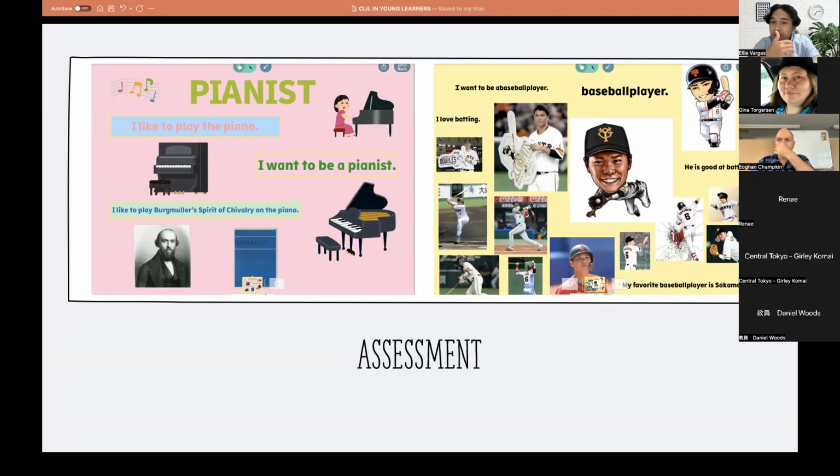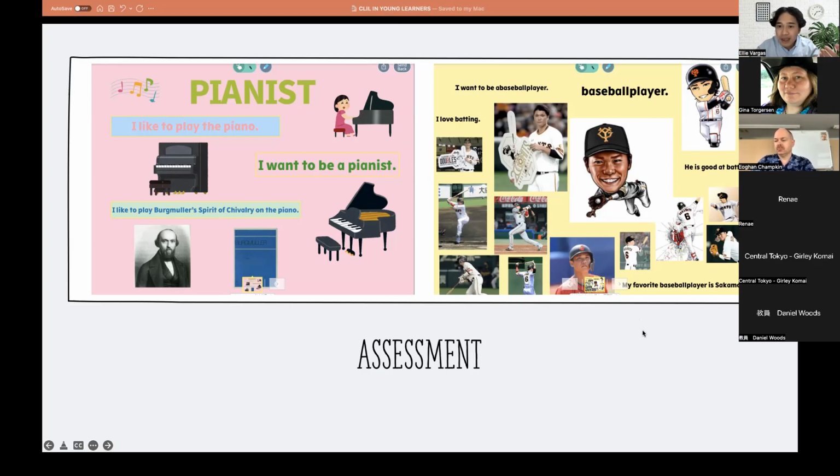Okay, there's a lot of things that we can correct, but that's fine because my goal personally is to make them more fluent and then becoming more accurate. Although if possible, I always correct my students, especially when making posters. I make them write on the notebook first, so I can check and tell them, okay, this is how it should be, and then they make a poster on iPad.